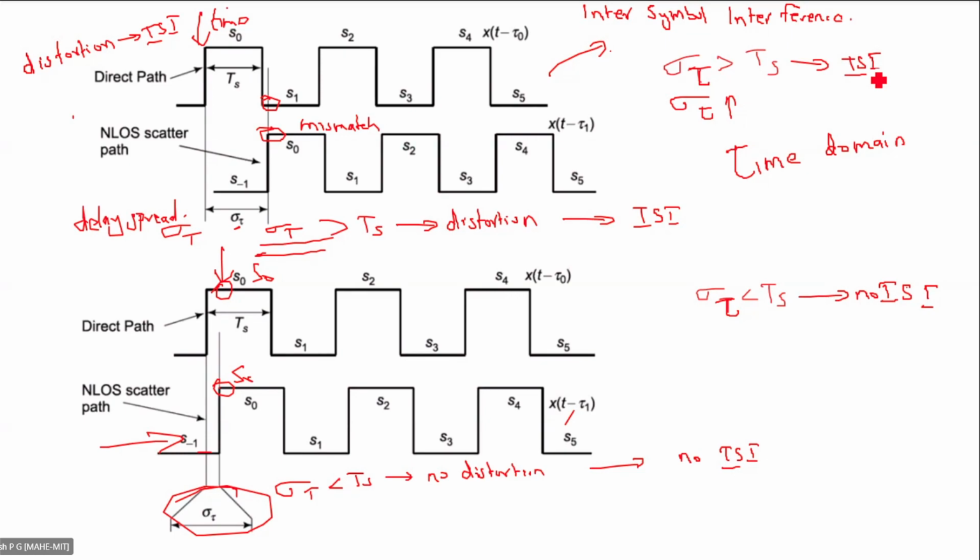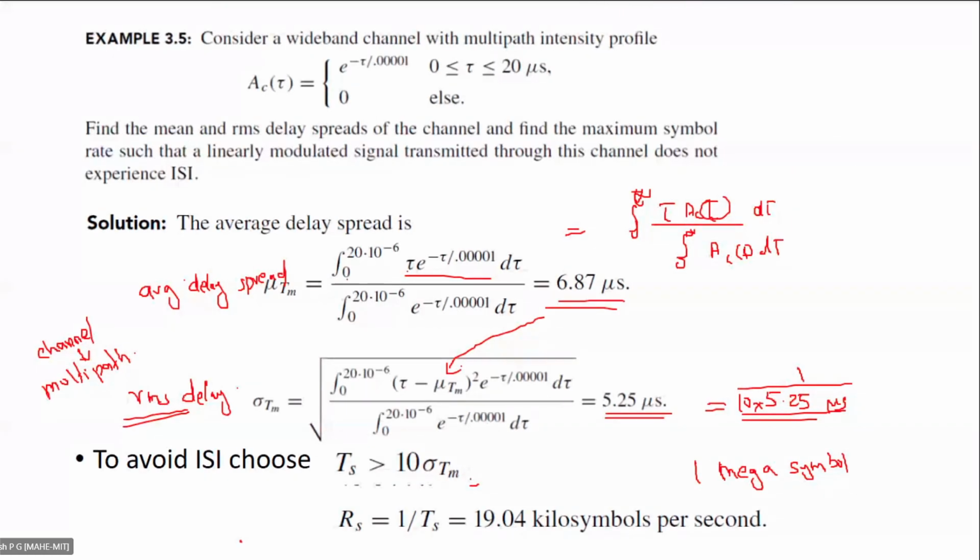So this is how we classify the channel based on the multipath effect, that is, based on the delay spread. Now we'll see some problems. Consider a wideband channel represented by Ac(tau) equal to e raised to minus tau by 0.00001, during the delay of 0 to 20 microseconds, and 0 during all other times.